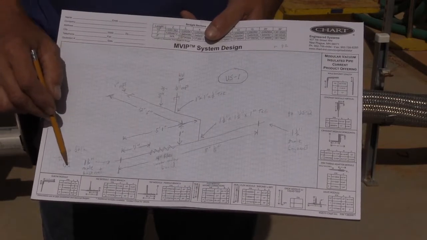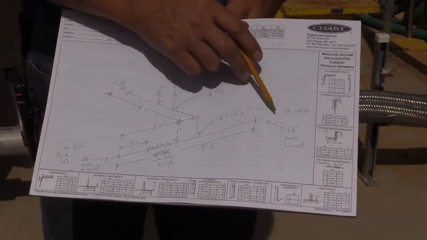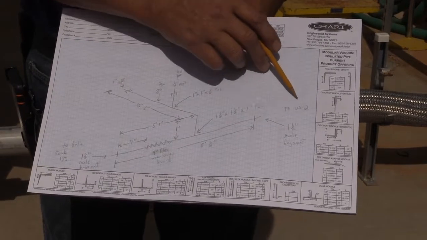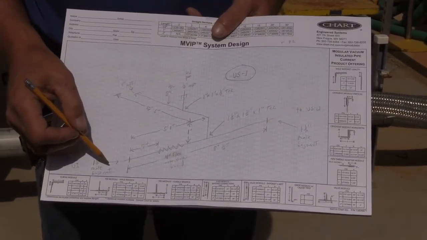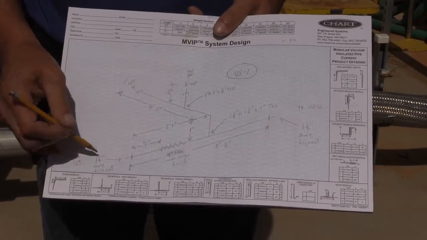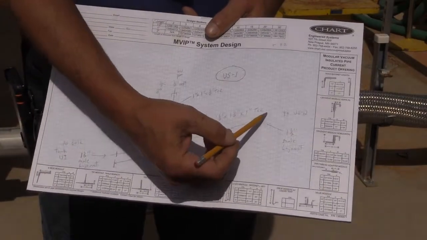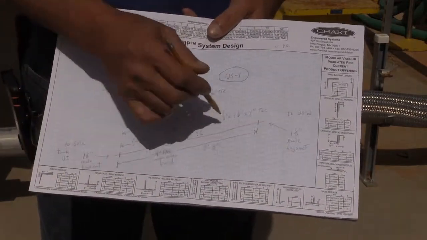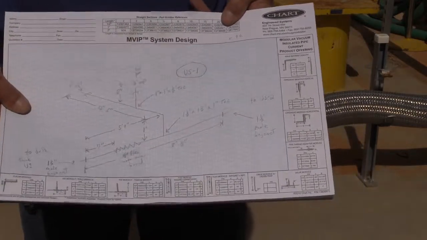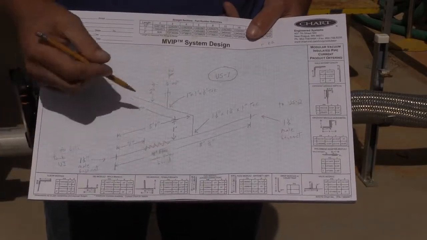It says 2 bulk tank VJ. At the end of this section it says 2VS2. If we went to the next section it would say 2VS1 on this side, and on this side it would say 2VS3. So it denotes where that section is actually going in the system design.